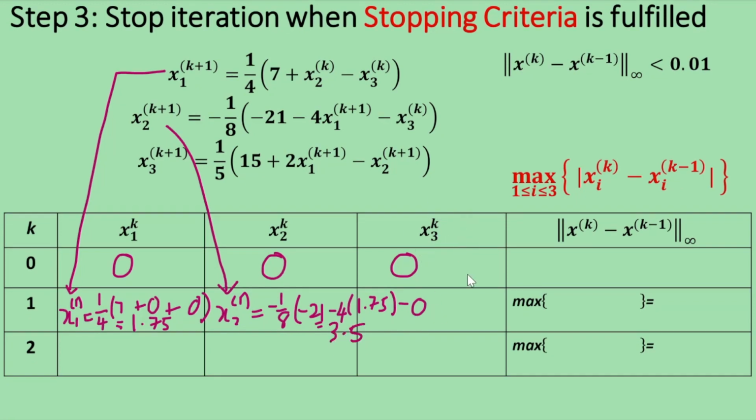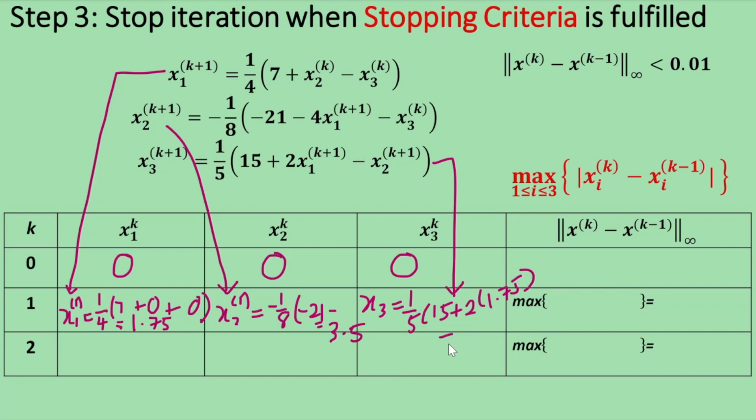Next, to find x3, we use the formula here. So x3 would be 1 over 5 times 15 plus 2x1, and the latest value of x1 is 1.75. So think of yourself as a computer. You always update the values of x1, x2, and x3.